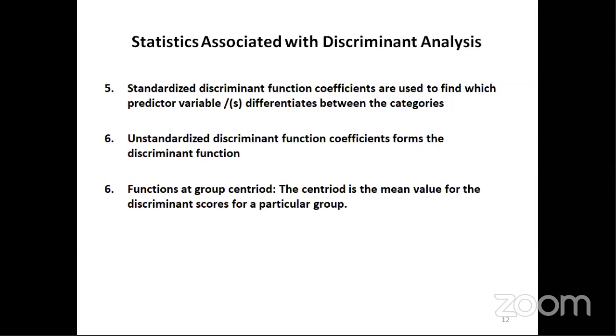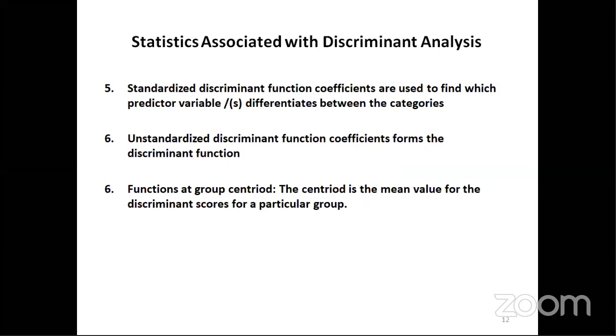As I discussed in multiple regression analysis also, we estimate the standardized coefficient of the independent variable. What does it tell? That will explain the contribution of each independent variable to explain the dependent variable.